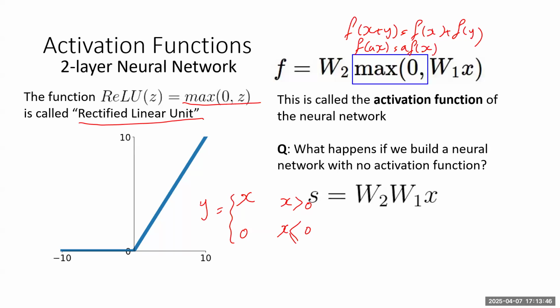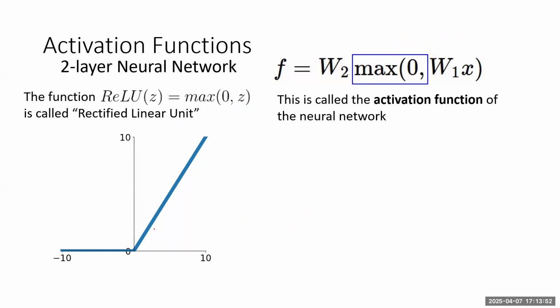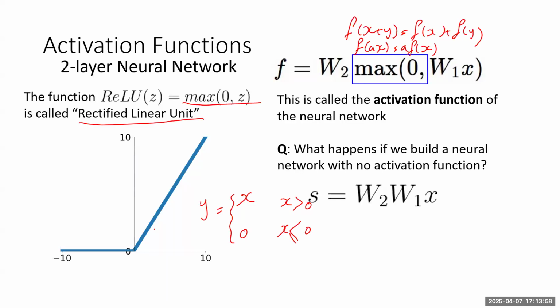If you look at this part, yes. If x is positive, yes, it's linear, and all the conditions we are discussing here will apply to it. But for the negative part, is it linear?